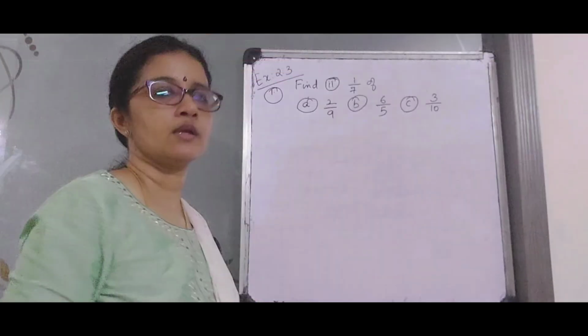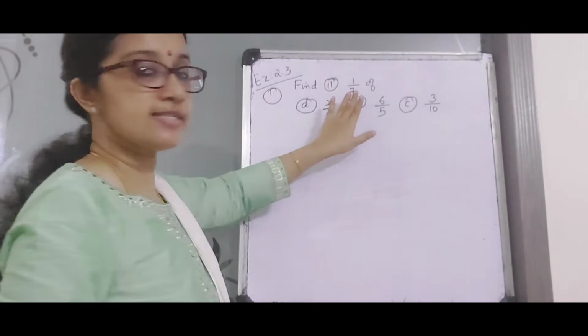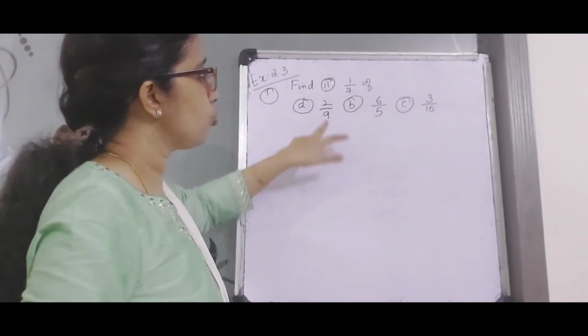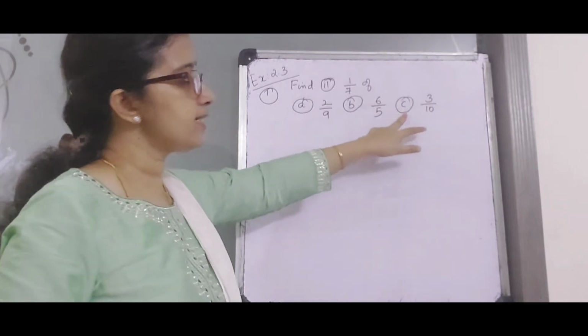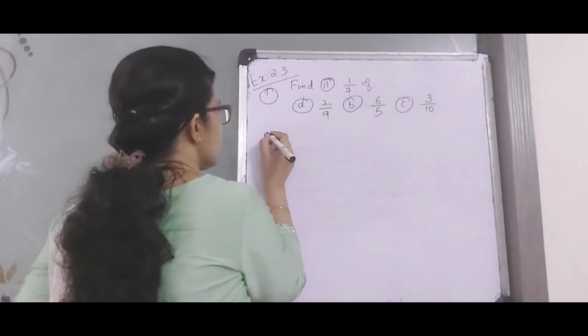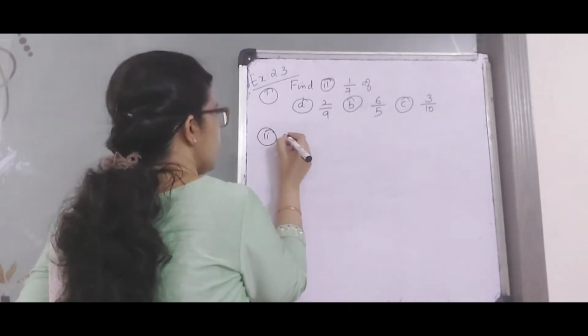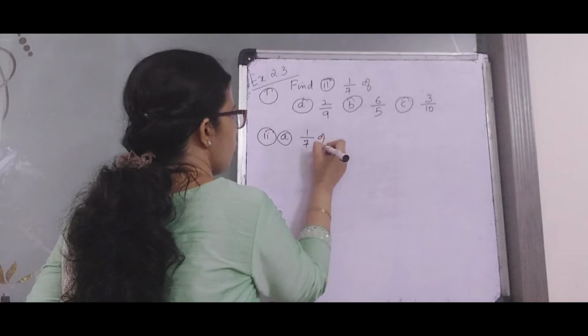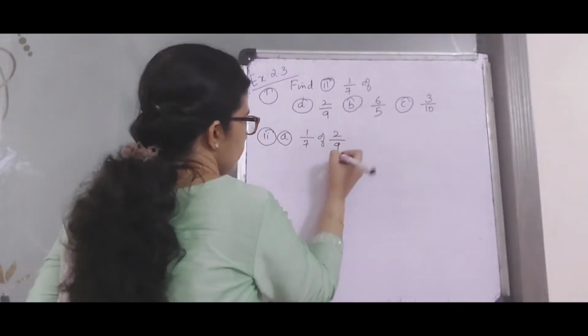So the first question, second part, is 1 by 7 of A: 2 by 9, B: 6 by 5 and C: 3 by 10. So let's take the second part A, which is 1 by 7 of 2 by 9.